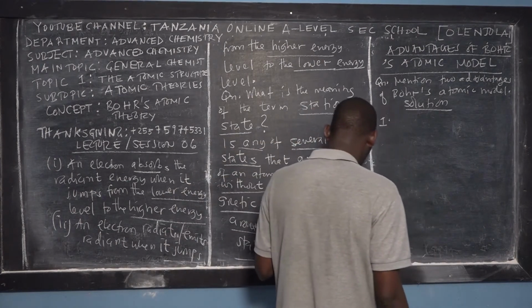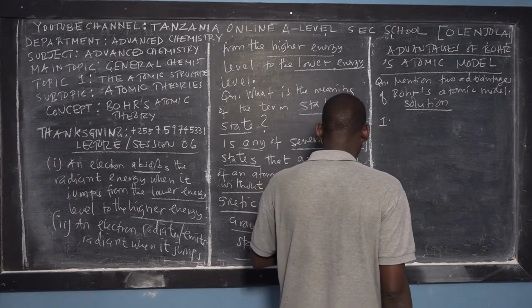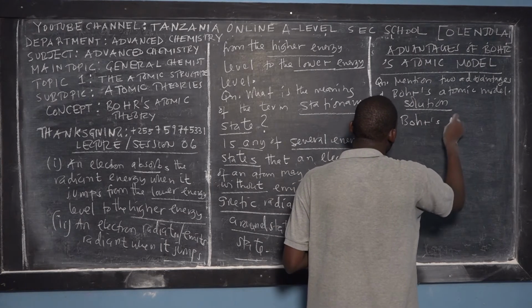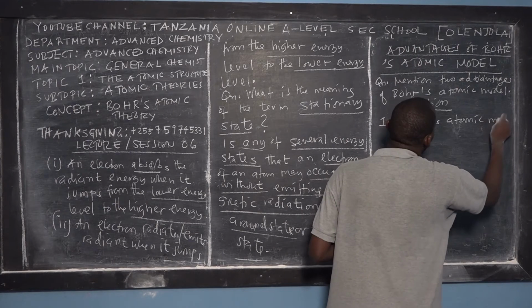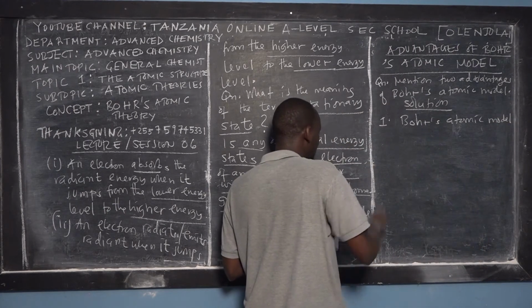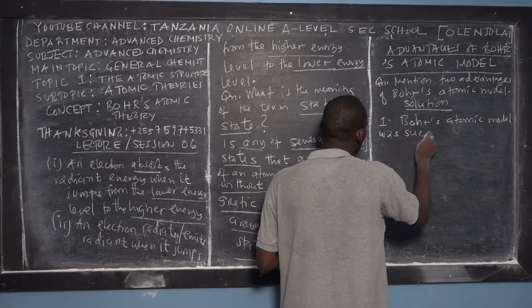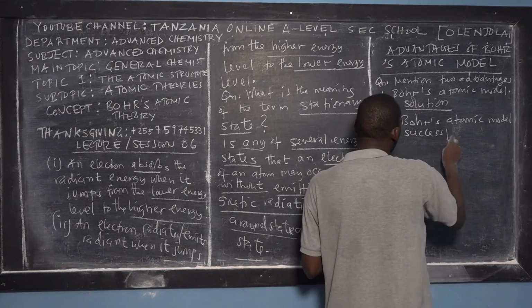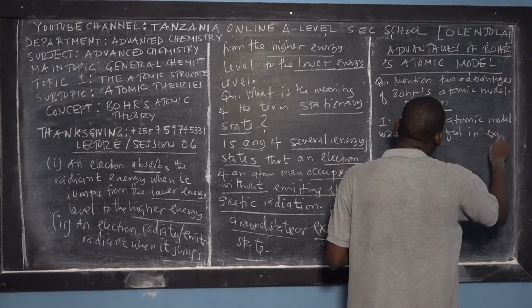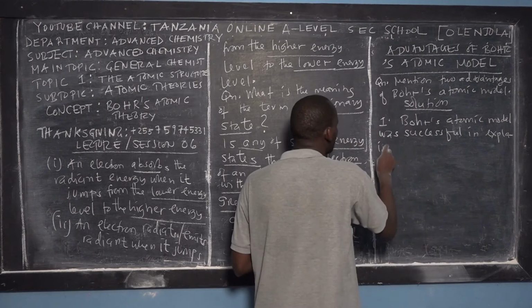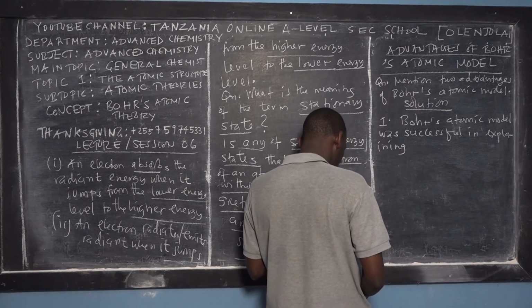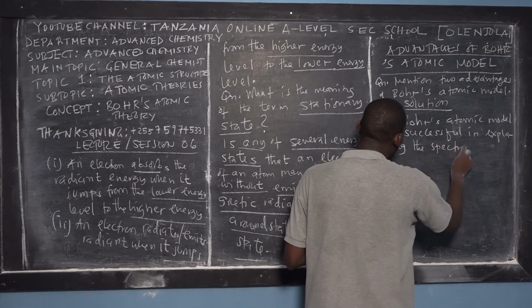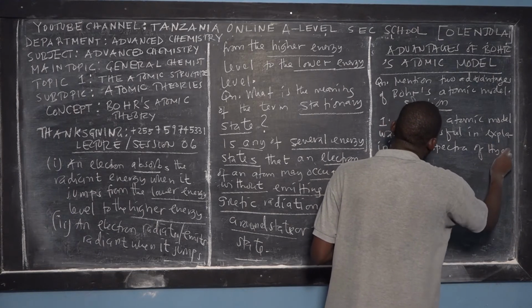The first one: Bohr's atomic model was successful in explaining the spectra of hydrogen.